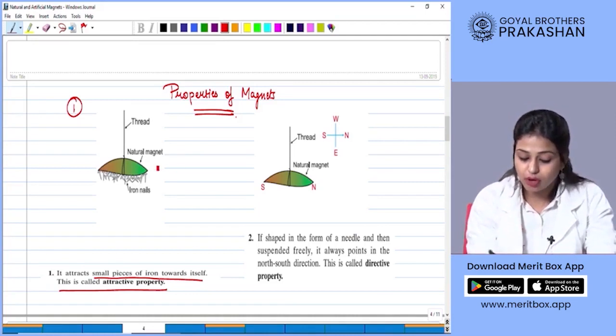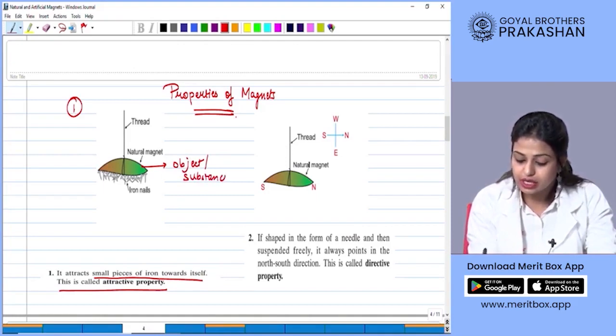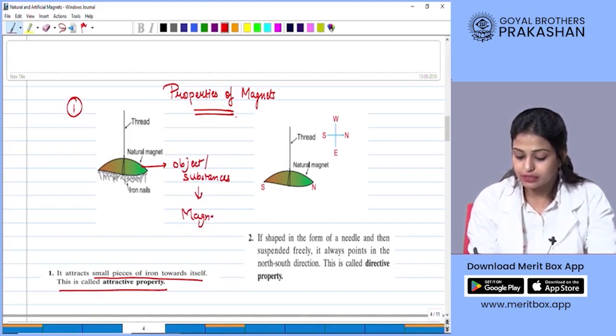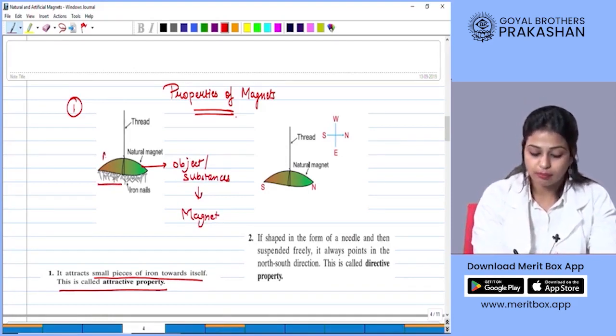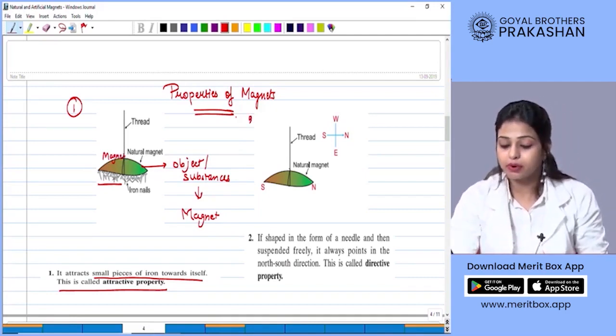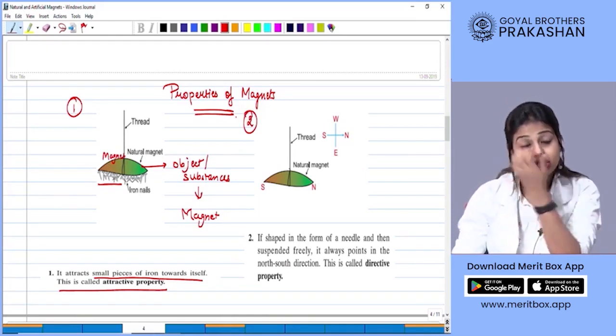So, if an object or a substance can attract iron pieces, what can you say? It is a magnet. As you can see here, the iron nails get stuck to a magnet piece.